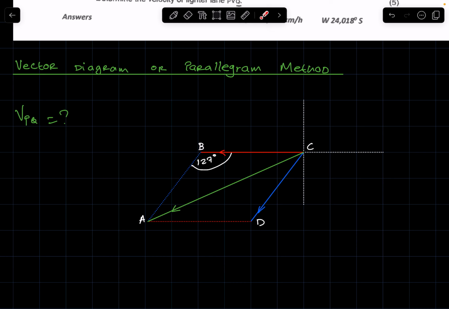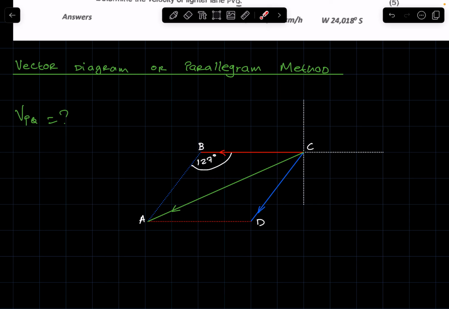For this case, we do not necessarily use the angle that you've been given, seeing that it represents the whole angle, and we cannot use this whole angle. Once you've drawn your parallelogram, you essentially split it into two, having two triangles.